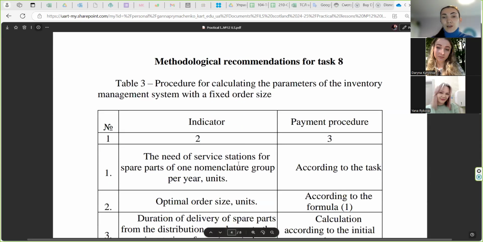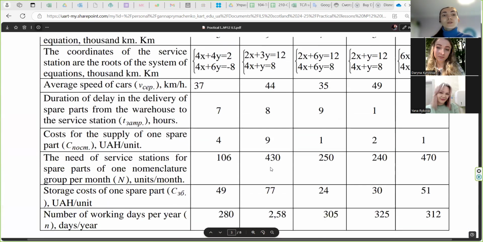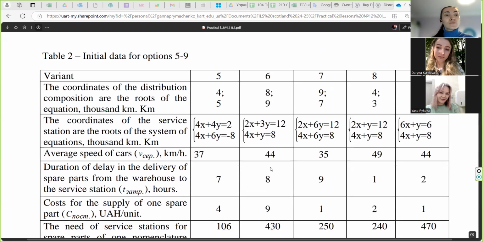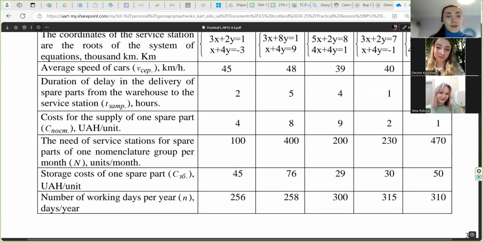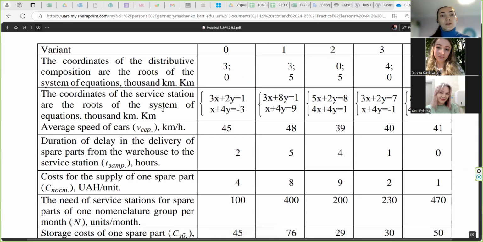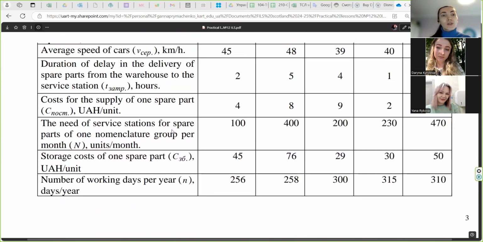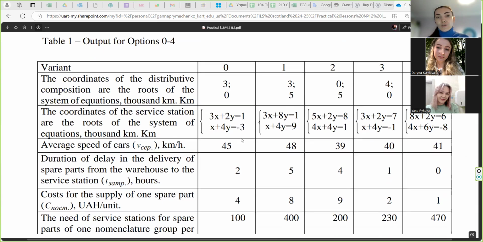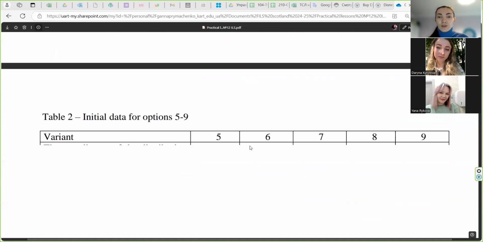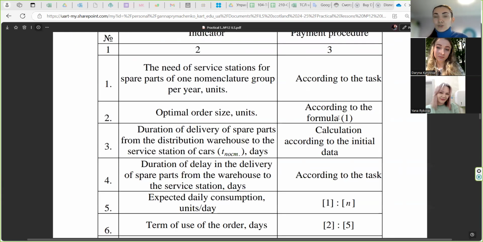I think we find it. We have it in one month, for example, and we can calculate it. Variants from 0 to 4. We need to calculate it for the service station. One moment. Maybe we calculated it before.